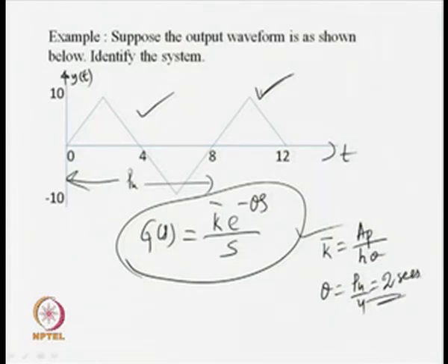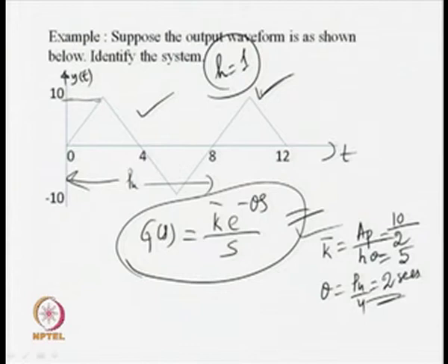Similarly, the peak amplitude is found to be of magnitude 10 suppose, then 10 upon h is 1. By default, let us assume h equal to 1 for all the subsequent simulation studies in all the lectures. So, h equal to 1 will give us 1 times, and we have already found theta to be 2. So, k bar is found to be 5.